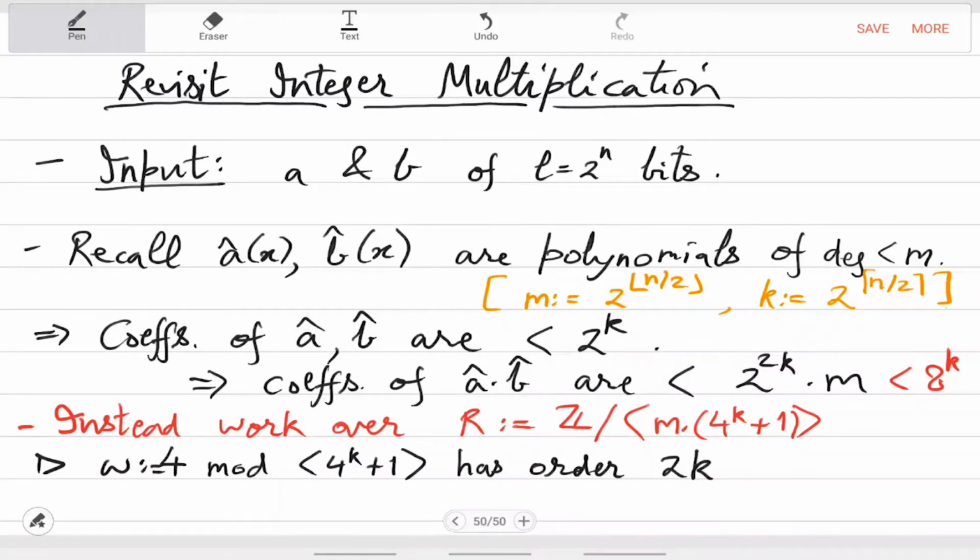Which is more than we need. It's more than m. Okay. Also, as I said, the GCD of m and 4 raised to k plus 1 is 1. Why is that? Yeah, m is a power of 2 and the other thing is a power of 2 plus 1. So there is no chance of GCD. So this justifies the choice of the ring R.